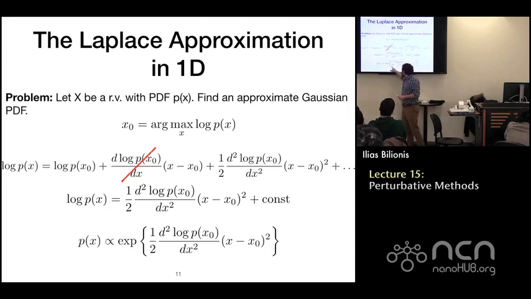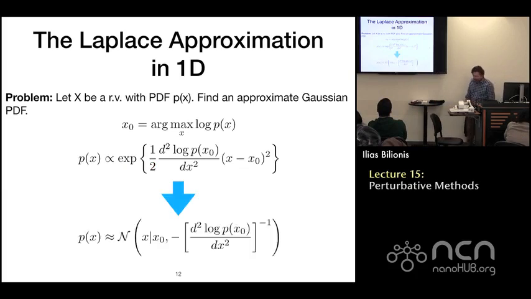And look at that, it's 1/2 this number, and this number is a negative number, so it's minus 1/2 times something positive, times x minus x naught squared. So this thing here must be minus the inverse variance of a Gaussian. Okay, so you see the Gaussian right here. Here's the mean of the Gaussian, this is minus 1 over the variance of the Gaussian.